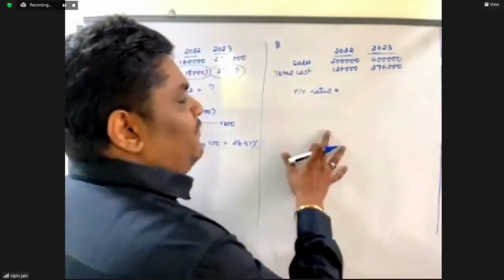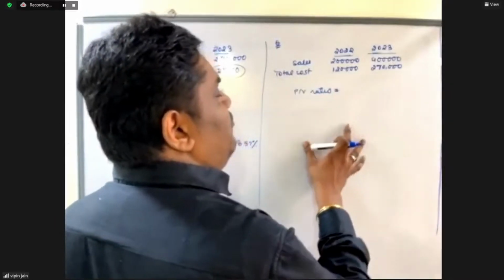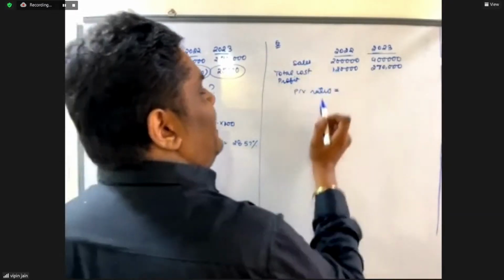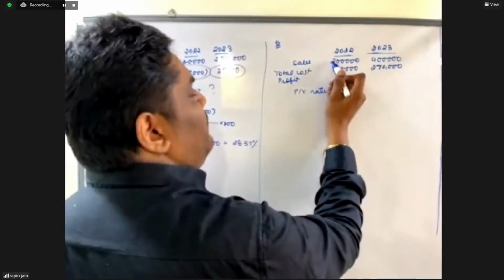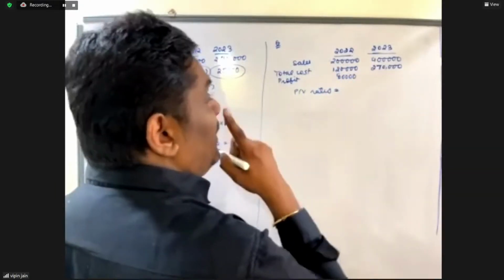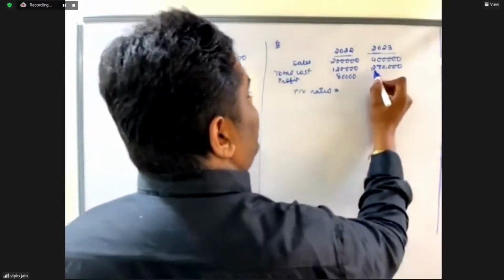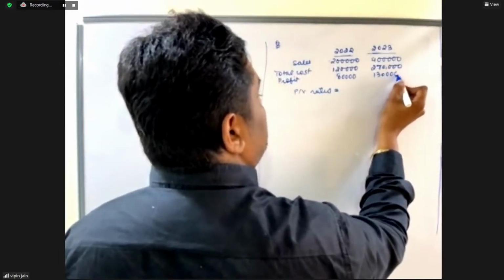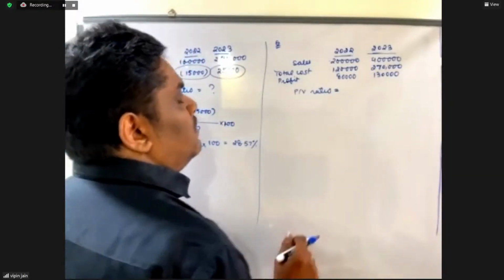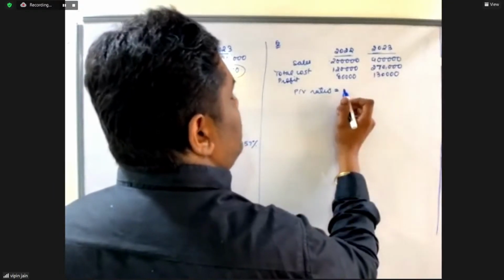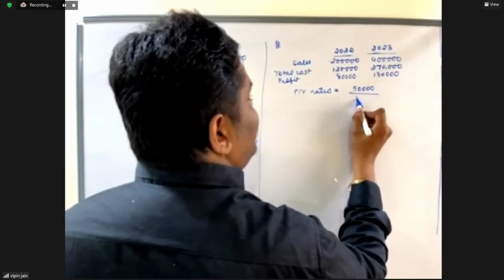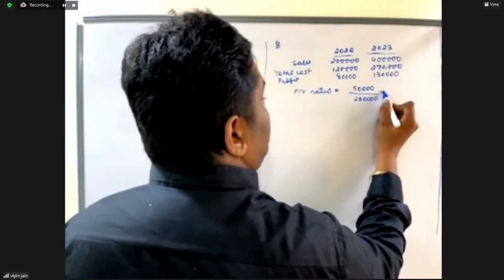So herein, the formula is very simple. That is change in profit divided by change in sales into 100. So herein I have the total cost. So my profit will be 2 lakh minus 1,20,000, that is 80,000. And in the second case, my profit will be 1,30,000. So herein my PV ratio will be change in profit, that is 50,000, divided by change in sales, that is 2 lakh, into 100.